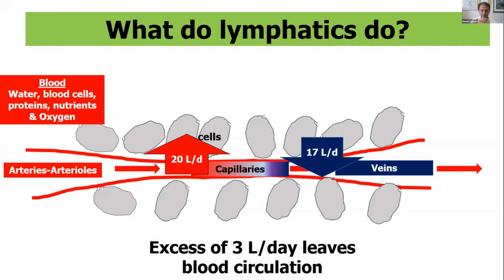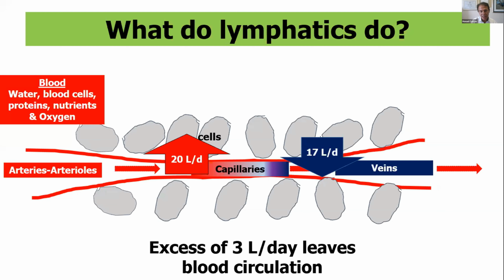And so every day, leaving our capillaries is about 20 liters per day. Now, we only have about 5 liters of blood. So we can't deliver 20 liters every day without somehow blood or fluid returning into our blood vessels.